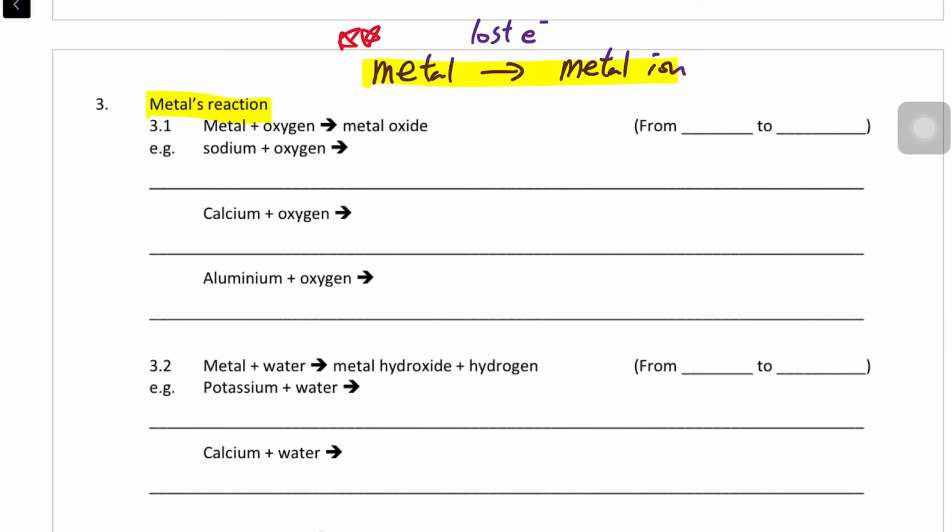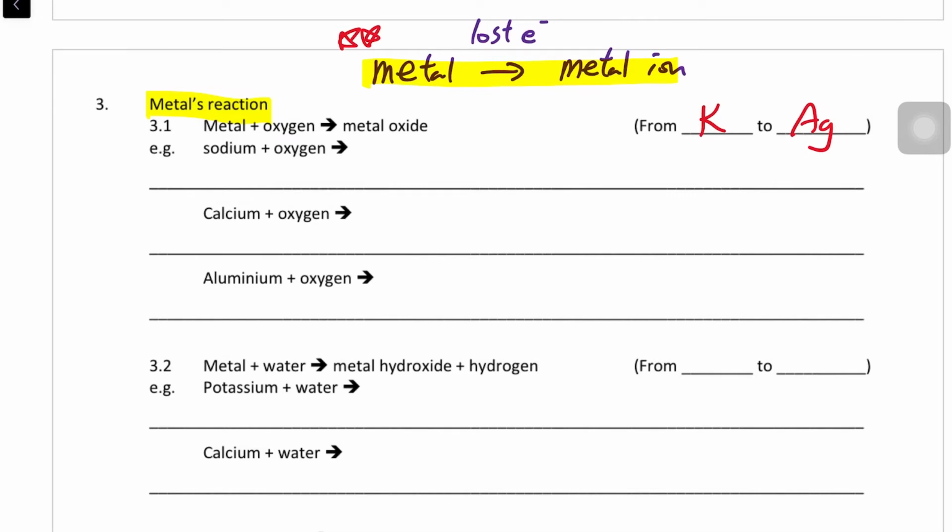This is always true. So let's see. The first one is metal reacting with oxygen to form metal oxide. This will start from potassium up to mercury or silver. It's up to you. So let's see.